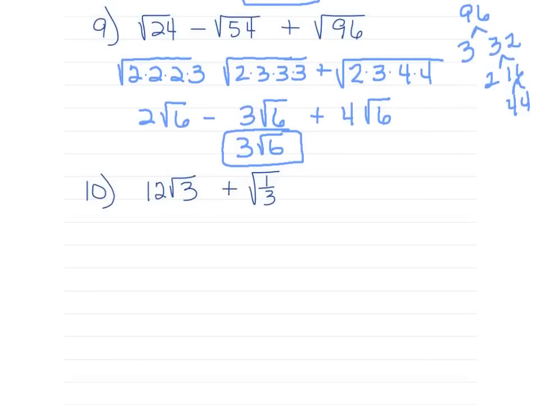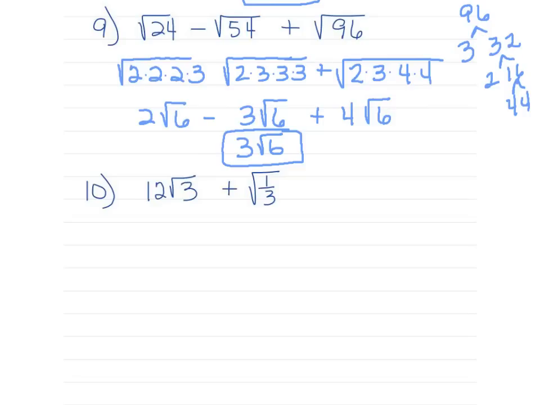Here we go. 12 radical 3 is already simplified. There's nothing that I need to do with that. However, I have a fraction in the radicand, and so I know that that is not simplified. So I do need to simplify radical 1/3.